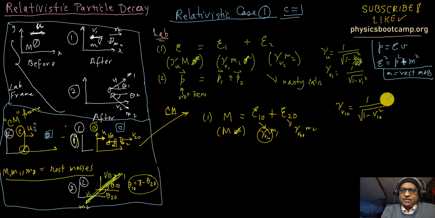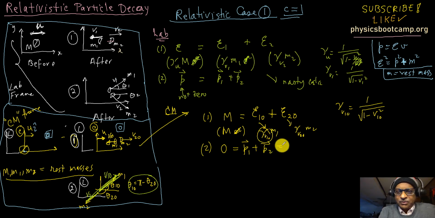Okay, so I hope it's still nasty, but it's less nasty than over there. Then momentum here is the boom. I start with 0, so that's equal to P1 plus P2.